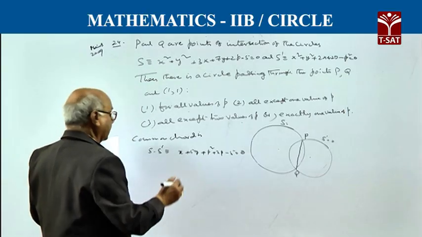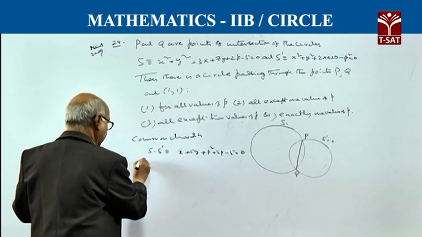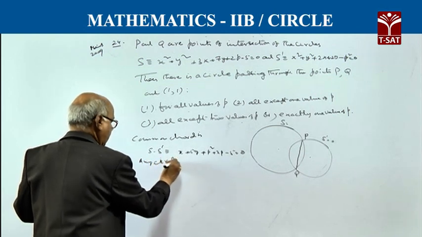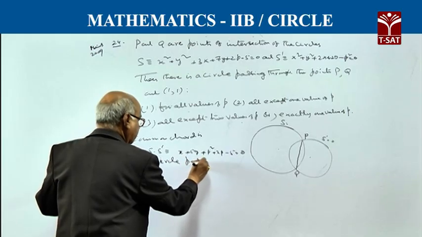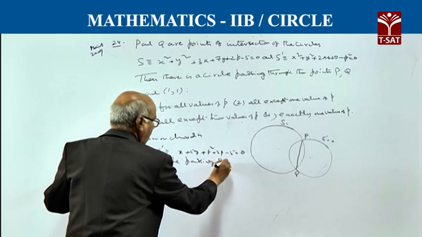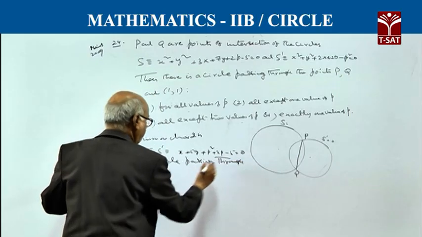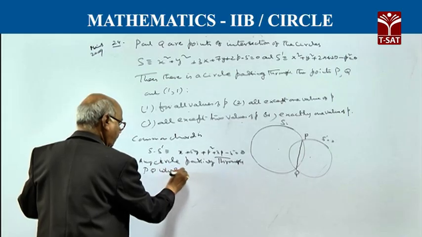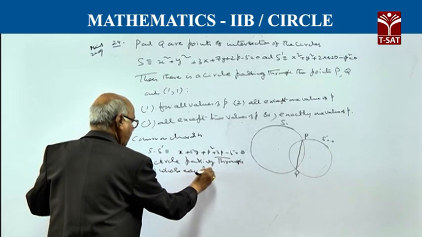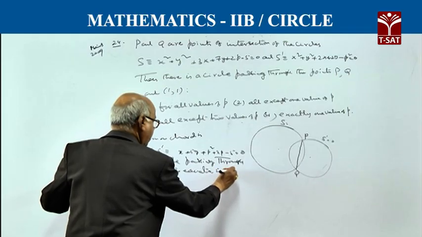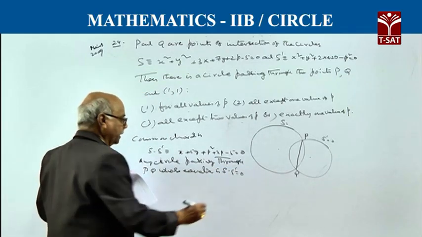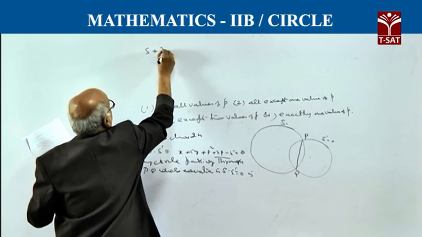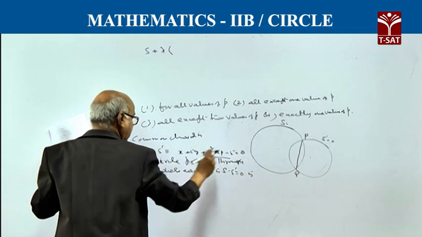Now we know that any circle passing through P and Q, whose equation is s minus s dash equal to 0, is of the form s plus lambda into (s minus s dash).